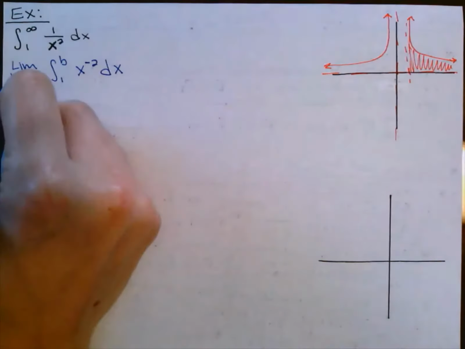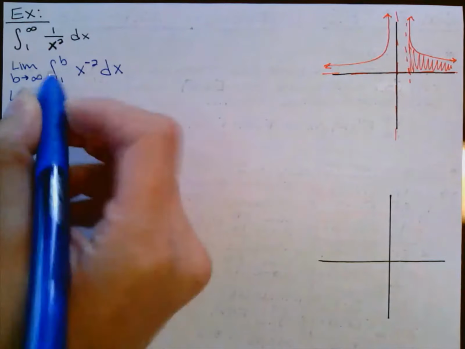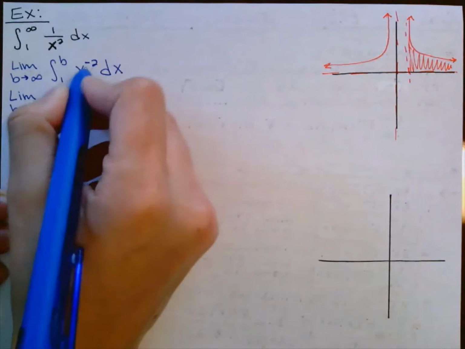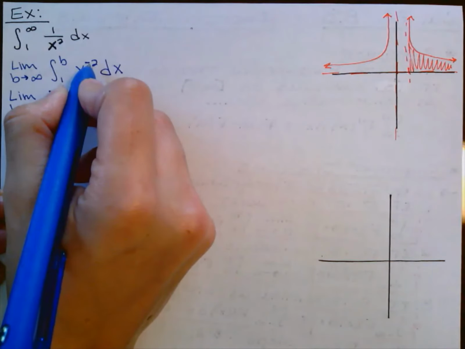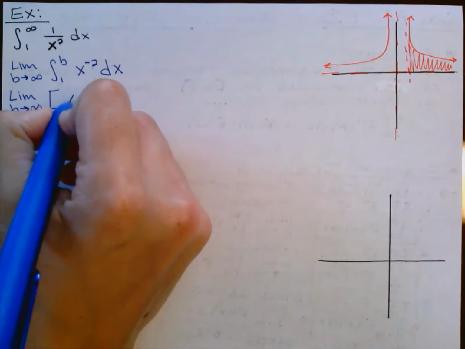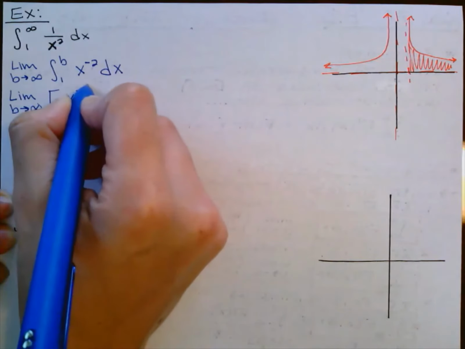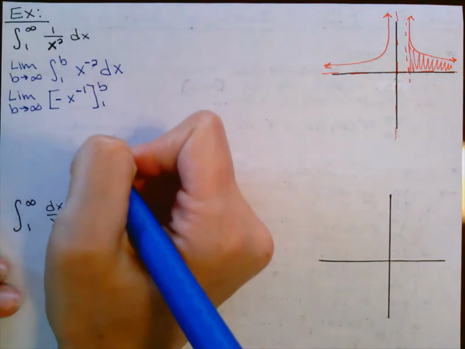Step 2, I haven't plugged in an infinity, so I have to rewrite the limit until I plug it in. I'm going to do the actual antiderivative, okay, which the antiderivative here is going to be to add 1 to the exponent, which makes it x to the negative first, and divide by it, so I have a negative 1. And now I'm going from 1 to b.